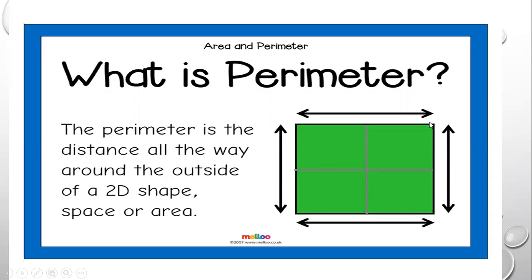The perimeter would be along the outside of the area where maybe your friends would stand around waiting for their turn to play. The area of this Foursquare would be the inside where you actually play the game. So again, perimeter is along the outside and the area is looking at the inside.